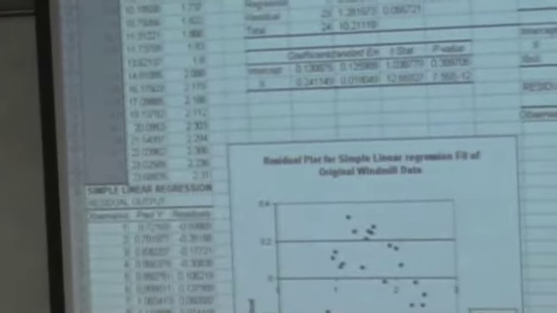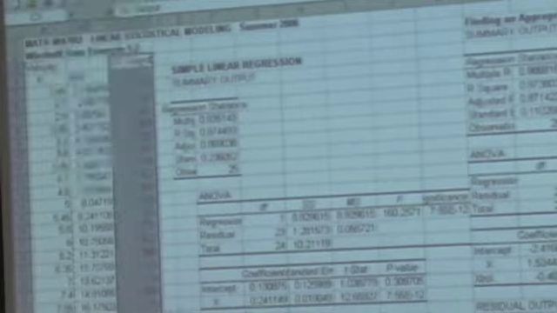So I'll take the velocity x and the DC output y, and I'll go ahead and make that transformation in x.